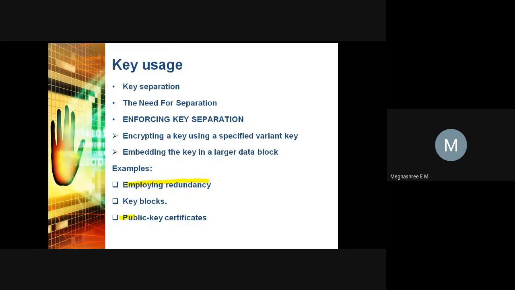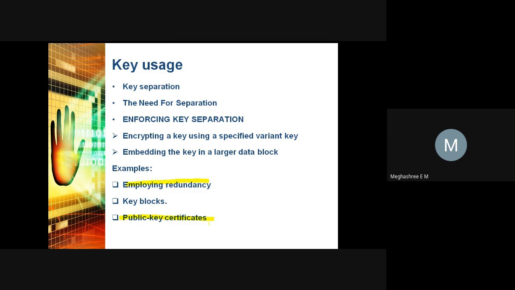And the last one is public key certificates. See, these are a type of key block used to provide assurance of the purpose of public keys. You already studied public key certificates in your networks course, I guess. A public key certificate often includes a field that defines the key usage.